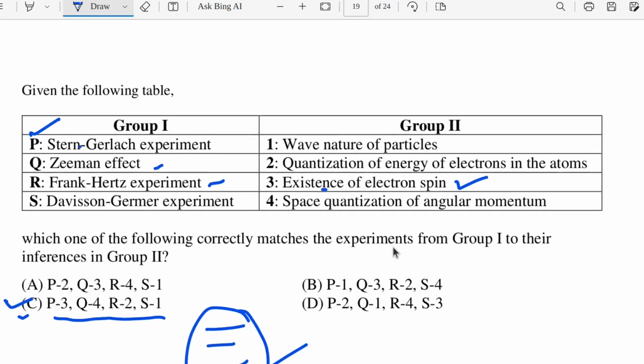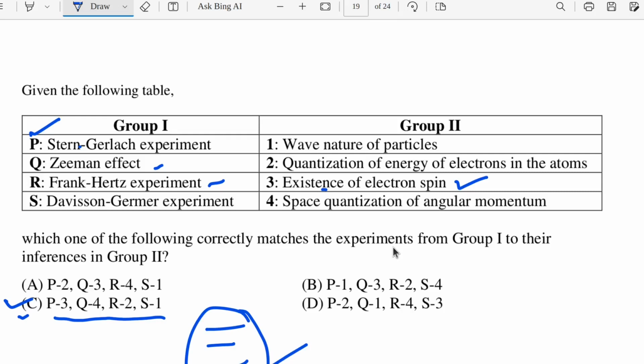Third one is the Franck-Hertz experiment. So what is the Franck-Hertz experiment? In the Franck-Hertz experiment, for the first time they have shown that the electrons inside the atom are quantized in energy level.